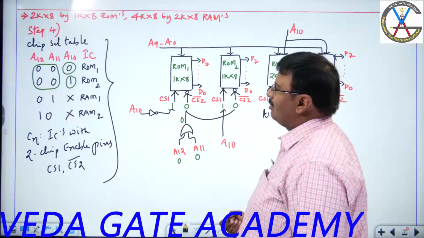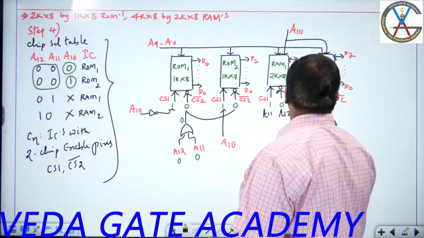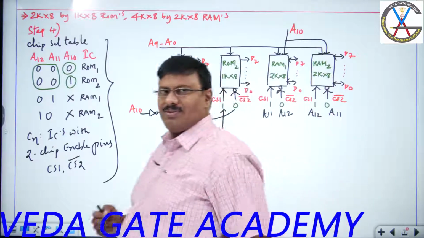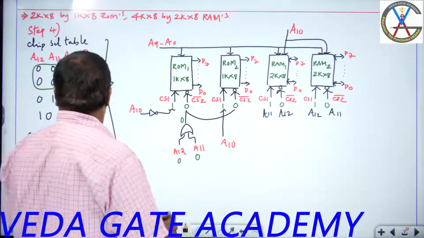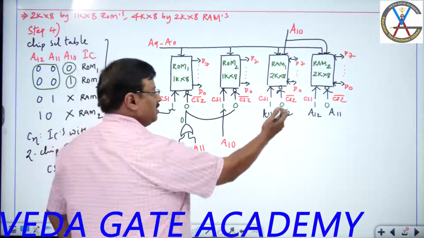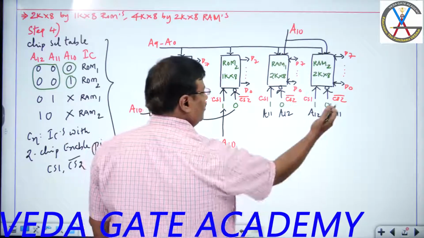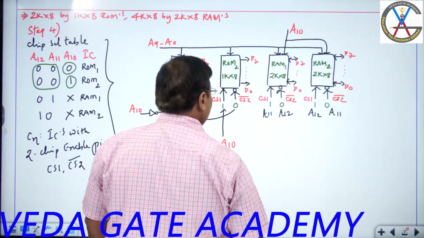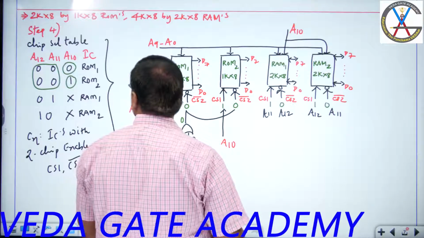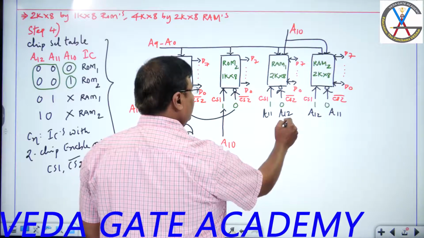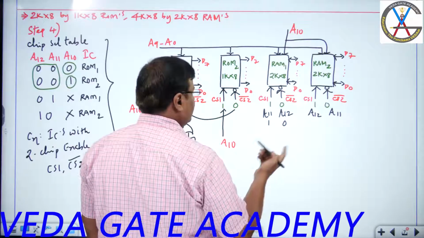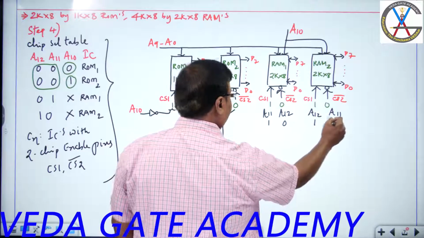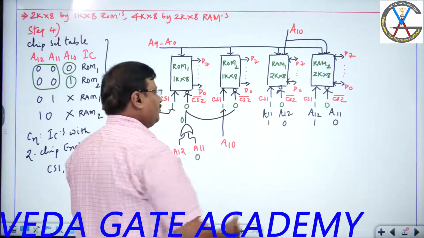And on this side, A12 is 1, A11 is 0, which I have given directly. See the status: 0 1, and 1 0. That status is given directly to activate the IC. So one by one, all four are activated.